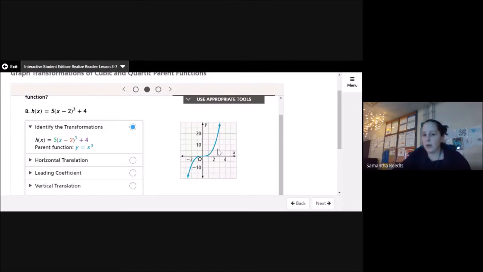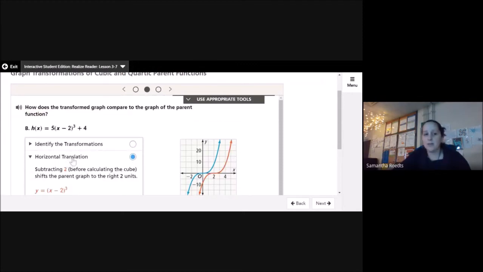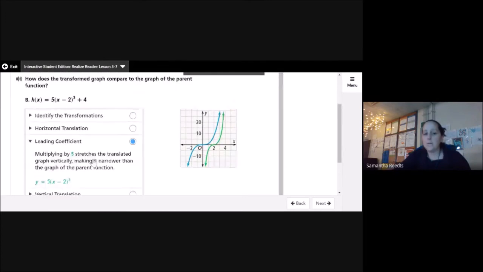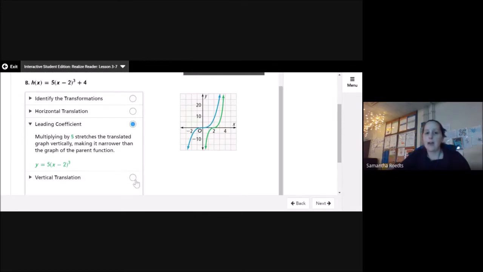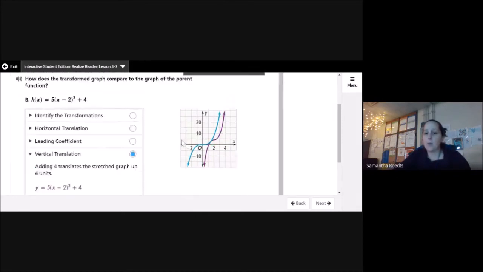That's this blue one right here. The -2 means I'm moving it 2 units to the right. The leading coefficient tells me I stretched it, so it makes it narrower. And then I have a vertical translation of up 4.